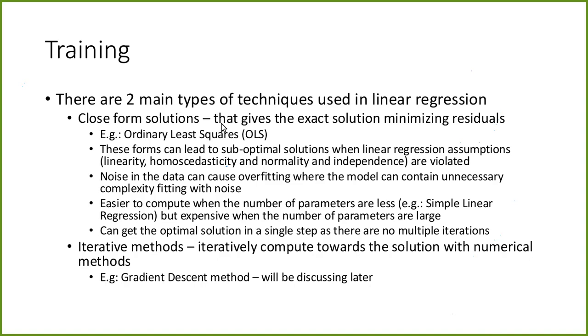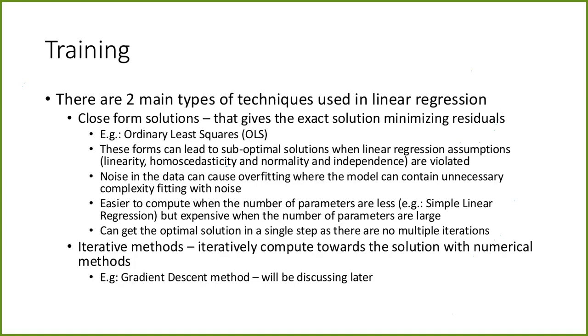The closed form solution means you don't have to do anything iteratively, but you can use a certain formula so that you can give the training data set for this function, and then you can calculate the beta value. The example technique is known as the ordinary least square technique, right? By minimizing the ordinary least square, the MSE, mean square error, you can get the exact values for the beta parameters in a single operation, right?